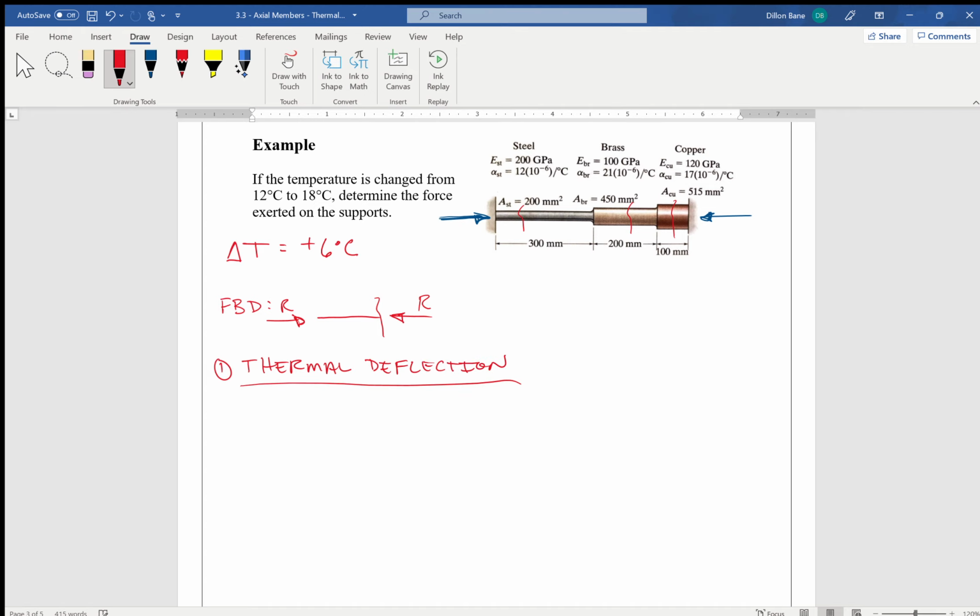The thermal deflection of the entire assembly is just the summation of each individual segment. So delta T total is equal to the deflection from the steel plus the brass plus the copper.